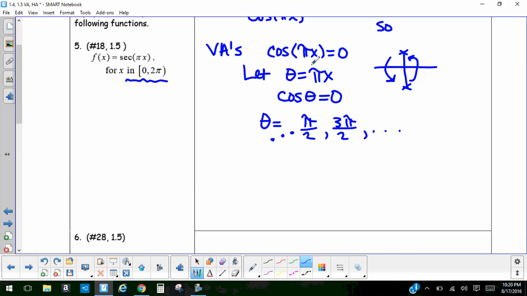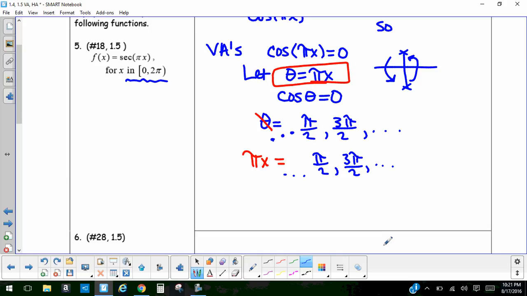My original question dealt with x's, and now I have this theta. I need to send it back so I can end up with x's. Remember, theta was equal to pi x. So instead of theta, I'm going to write pi x is equal to, and then I have this information, dot, dot, dot, pi over 2, 3 pi over 2, and so on.